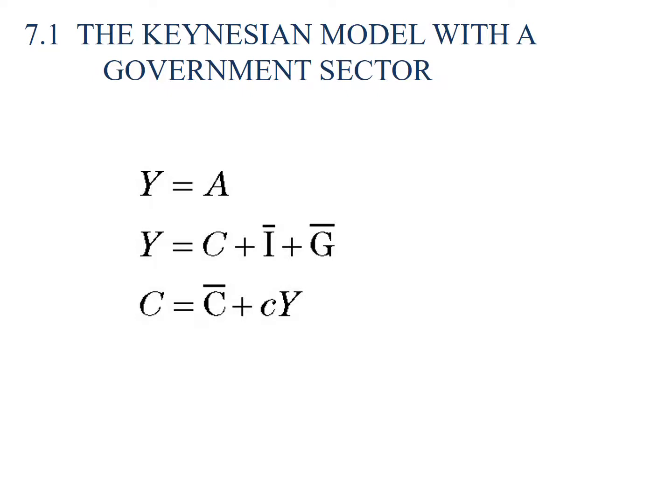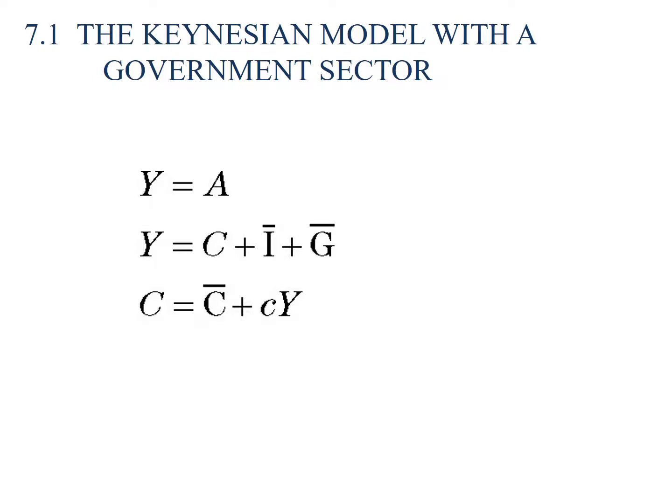Algebraically, we can also add the government sector into our Keynesian model. Remember that total income is equal to aggregate spending. So when we add government expenditure into our model, total income becomes equal to aggregate spending, where aggregate spending is now composed of three elements, which is C plus I plus G. We can work this out further to find the multiplier, and you still have the same multiplier as in the previous week.